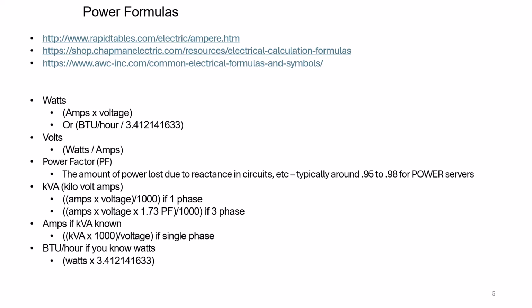And for power servers, you typically get to use about 0.95 to 0.98 of whatever the wattage is that they're quoting you. And then I've got some examples here for how to calculate kVA or amps. And there are 3 links at the top that have more electrical calculation formulas than you could possibly ever want to use.